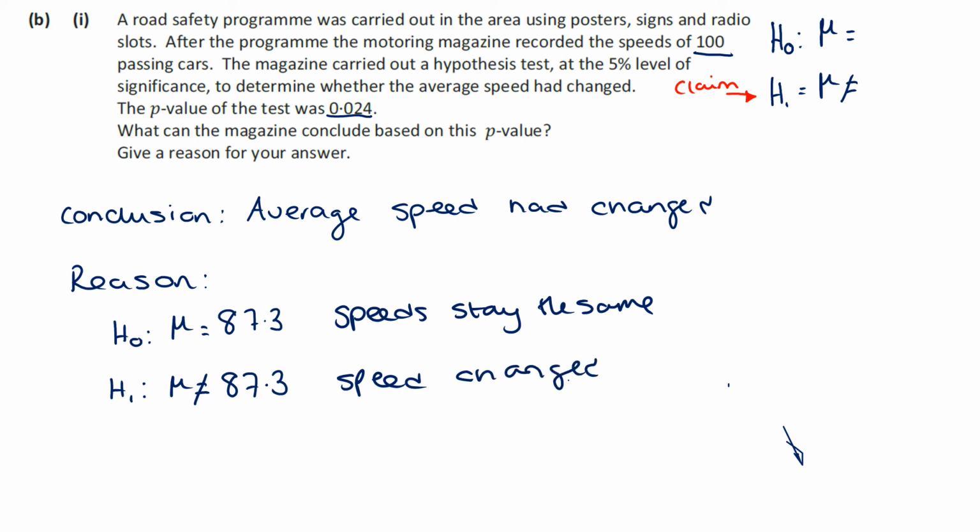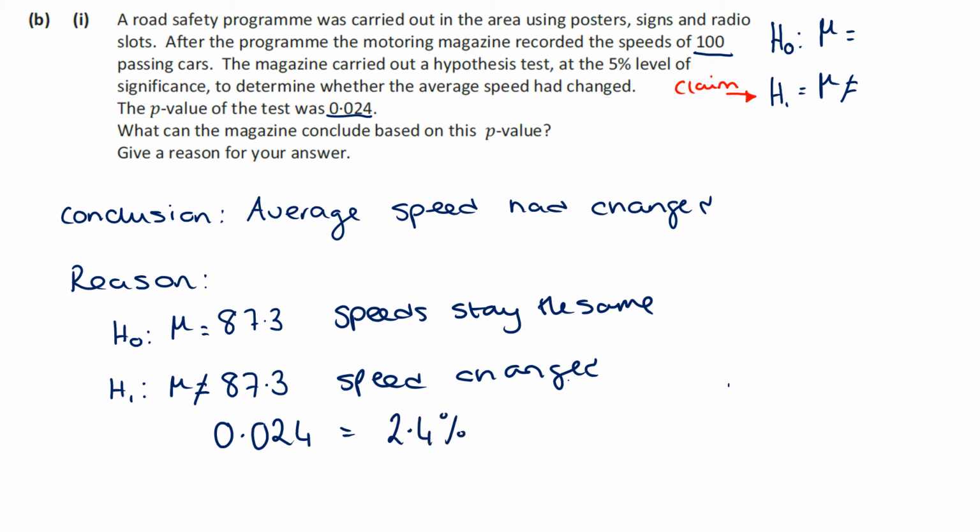And how we decide which one is correct, so our failing to reject and our rejecting, we talk about our p-values. So the p-value is 0.024, which is 0.24%. No, apologies, it is 2.4%.